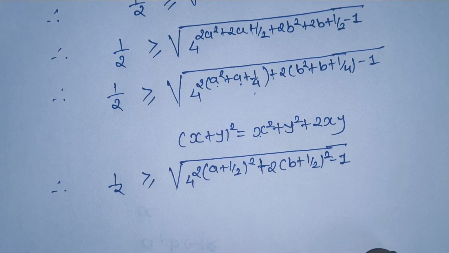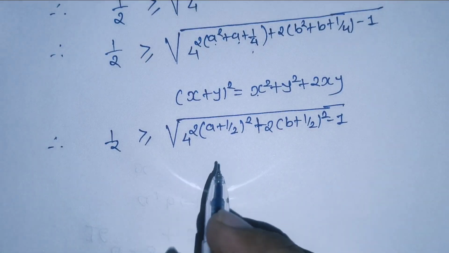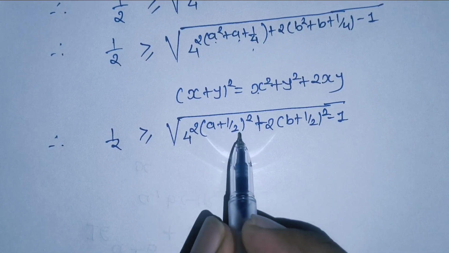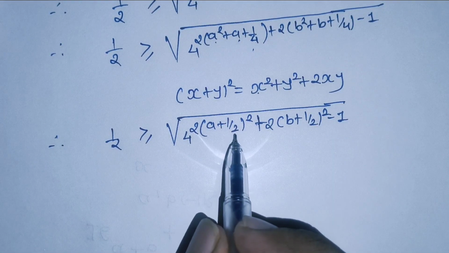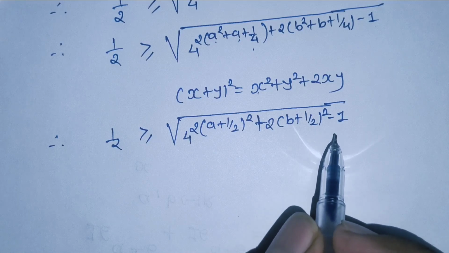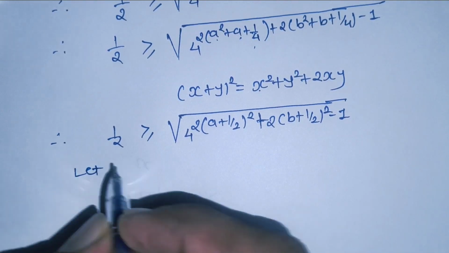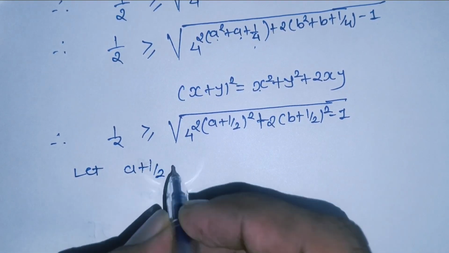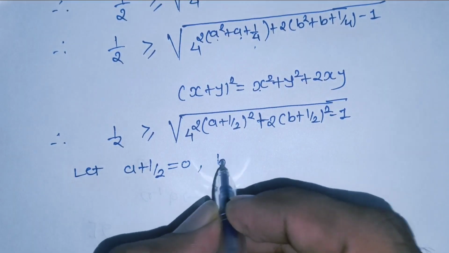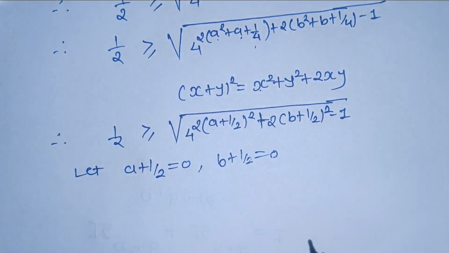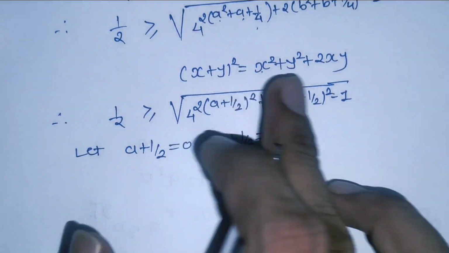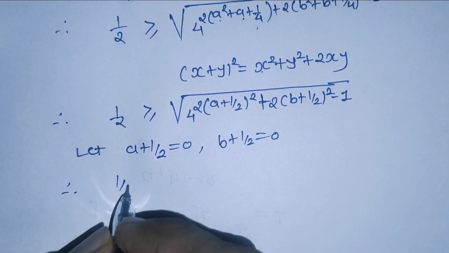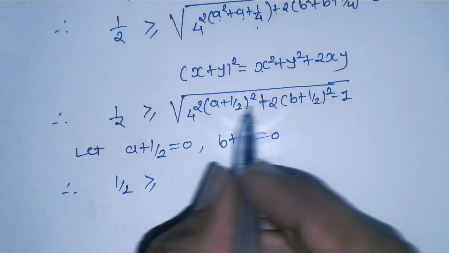So this I think is clear. Now consider a plus 1 by 2 equal to 0 and b plus 1 by 2 equal to 0. Put both the values here and check whether this condition is satisfied or not.